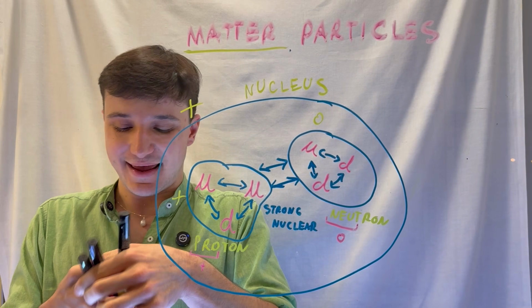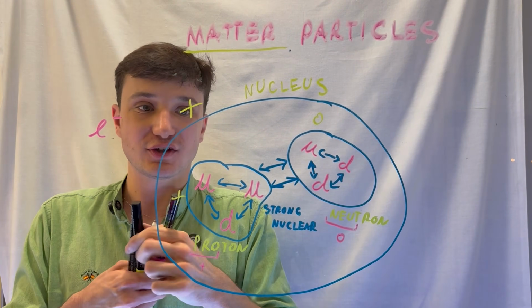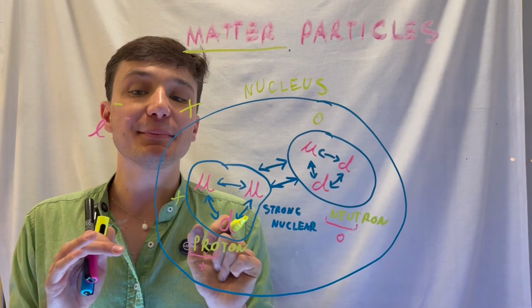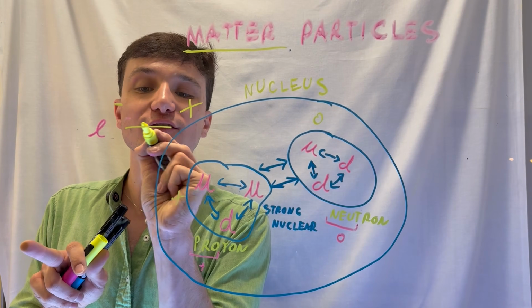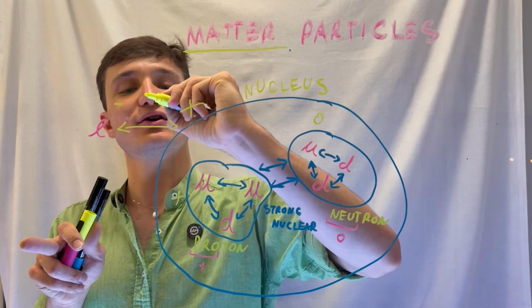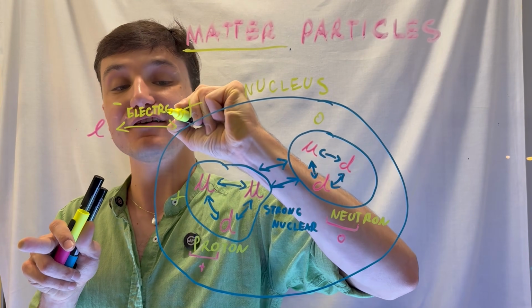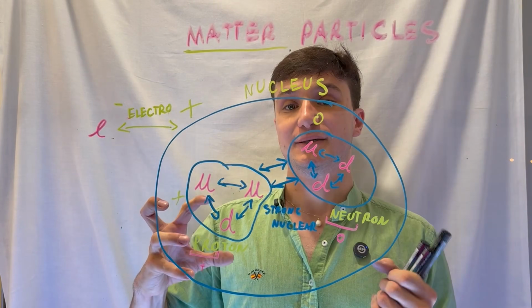The electron, as you remember quite well, is negatively charged. So it has a negative sign right here. What happens between a negative charge and a positive charge? They attract one another electrically. So this is the first instant where we have the electromagnetic interaction build matter together. That's what I mean.